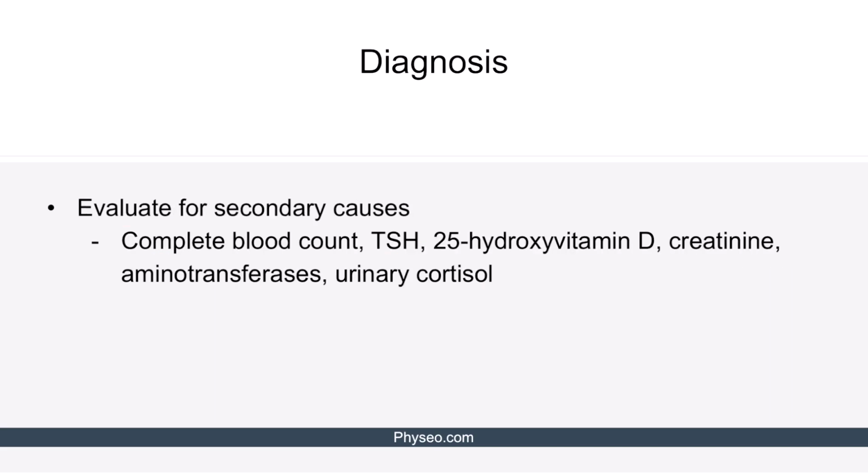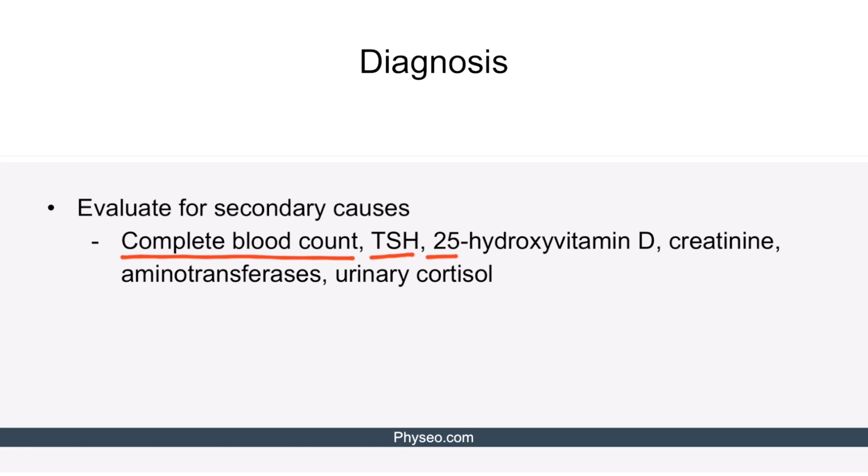Another important factor in the workup of osteoporosis, particularly in premenopausal women with a low bone mineral density, or fragility fractures, is to evaluate for secondary causes. Start with a complete blood count, which provides a systemic evaluation of many diseases. And a low TSH could help indicate hyperthyroidism, which can be associated with osteoporosis.